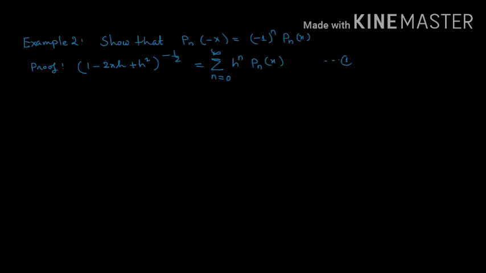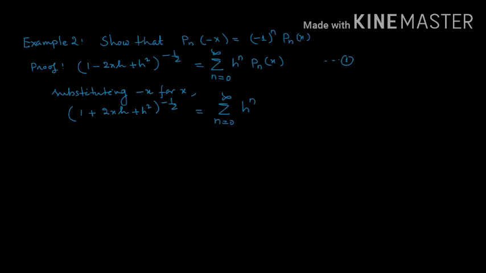So this is equation 1. Substituting minus x for x, we get (1 plus 2xh plus h square) to the power minus half, equal to summation n equal to 0 to infinity h to the power n Pn of minus x.